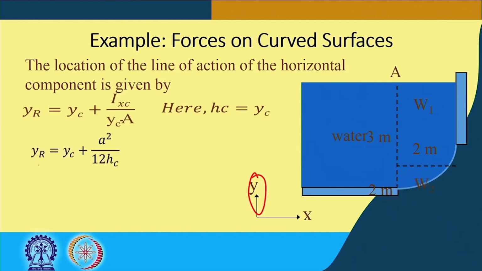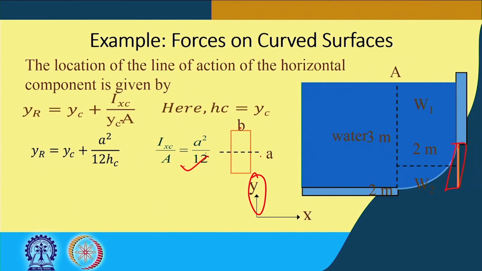So YR is going to be YC plus IXC by A, which will come out to be A square by 12, if you assume B and A as this.